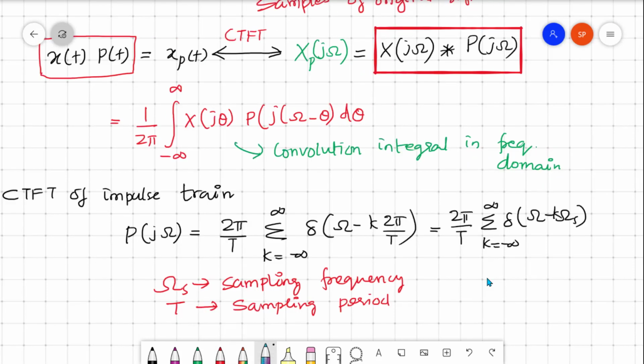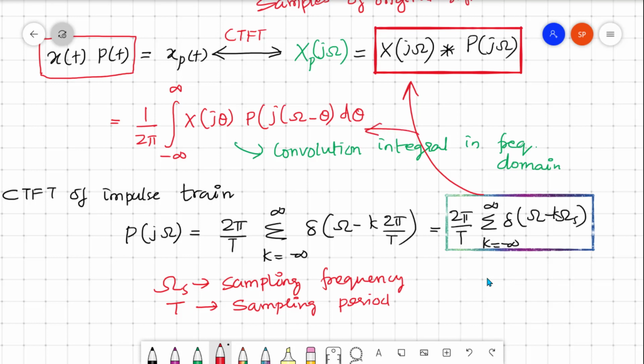Now if we substitute this result, that is the CTFT of the impulse train, into our actual equation, that is xp of j omega is equal to x of j omega convolution p of j omega, which is also derived like this, that is 1 by 2 pi into integral from minus infinity to plus infinity x of j theta into p of j omega minus theta into d theta, where theta is the dummy variable which we studied when learning the convolution integral.